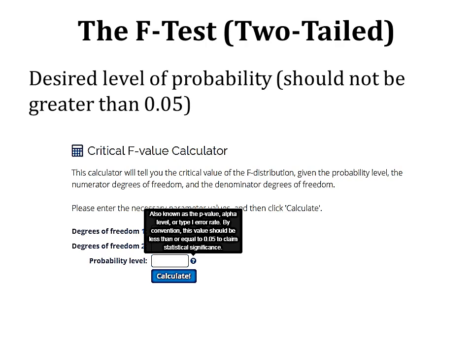So we cannot take the critical probability value greater than 0.05. So we are going to take the probability value of 0.05 against which we need to get the value of F distribution. So we are going to put 0.05 here.